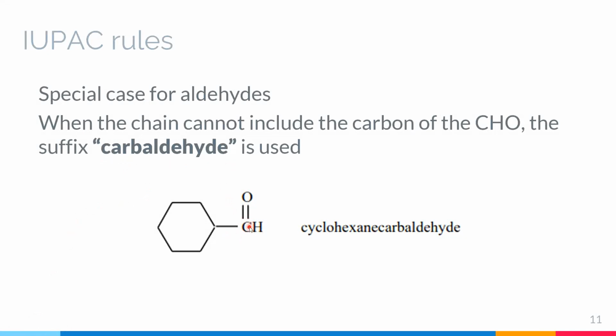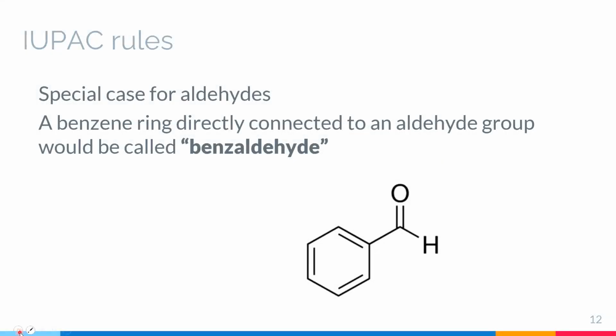The carbon isn't part of the chain, the carbon is out. So just add carb to aldehyde: carbaldehyde. A little trick that I use myself. So this is a cyclohexane carbaldehyde, because the carbon is not part of the chain. It's just branching out as seen.